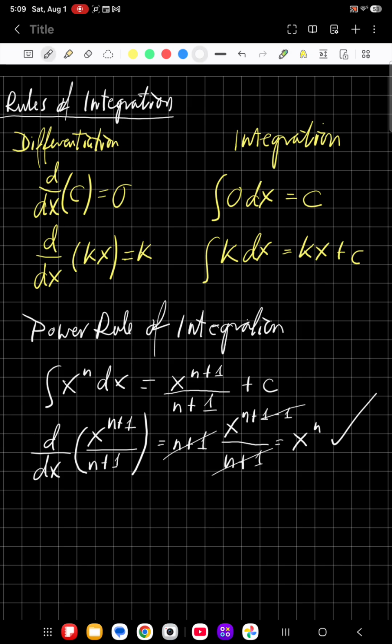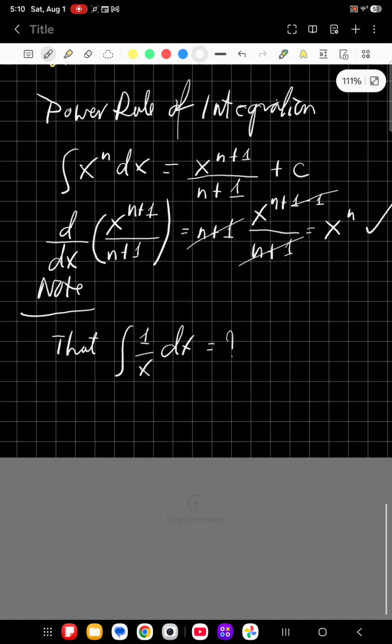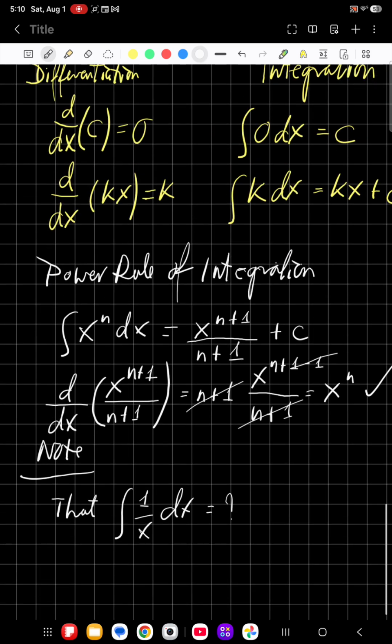One of the expressions that it doesn't work for is, let's do this as a side note, the integral of 1 over x dx.